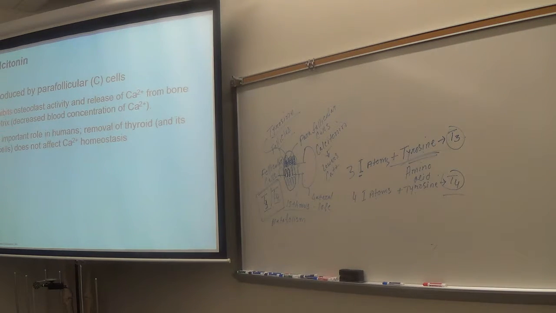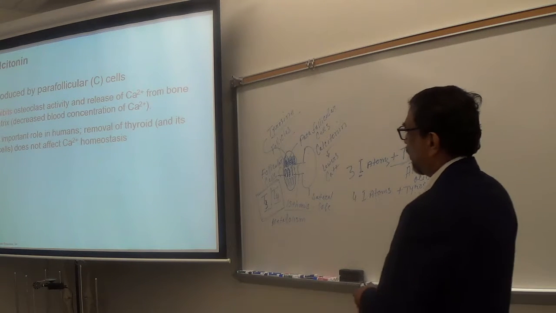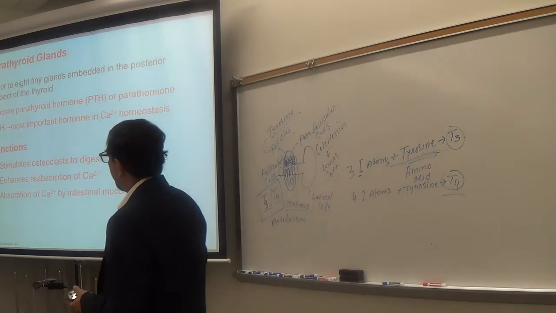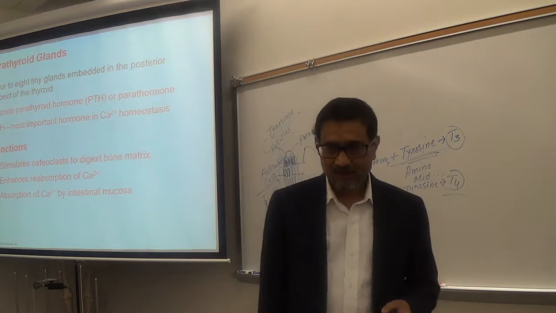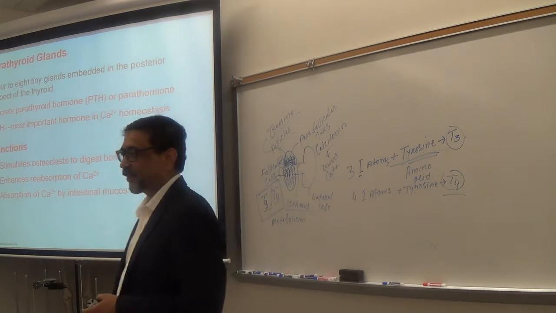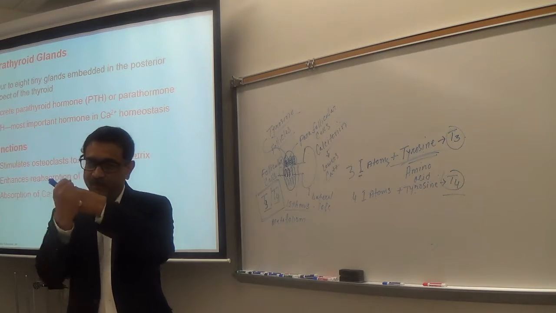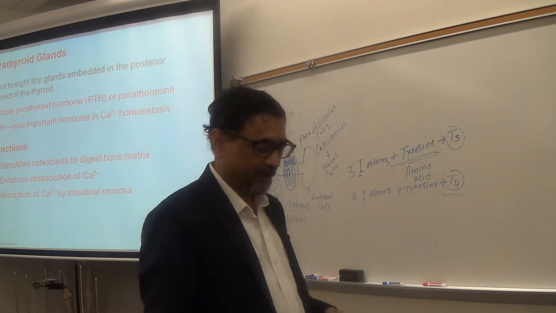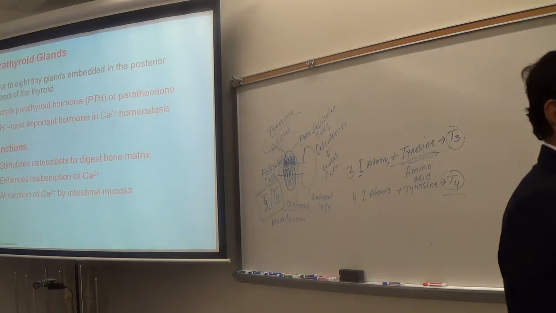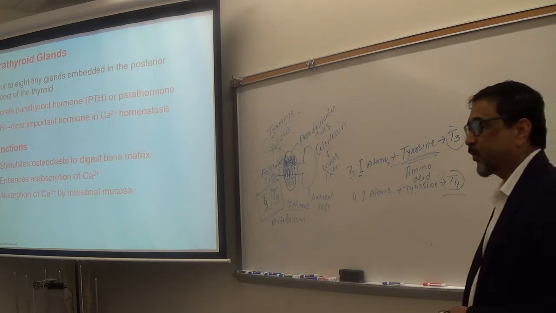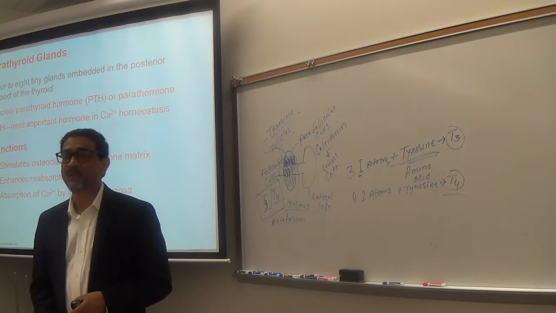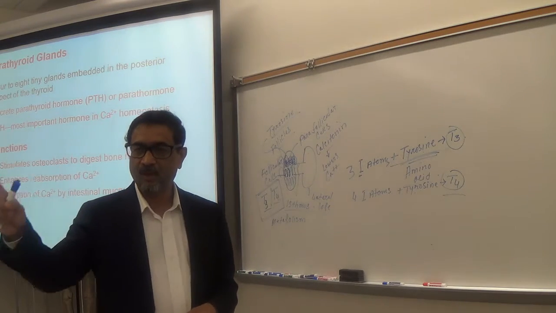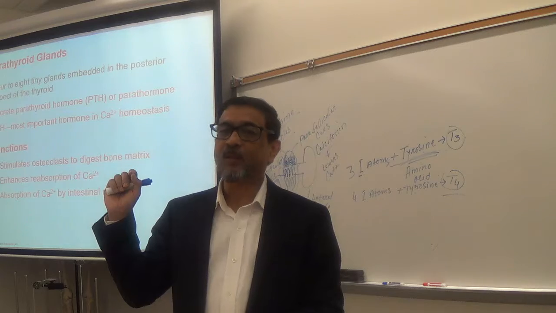Calcitonin, we have already talked about that, comes from parafollicular cells and lowers the calcium. Parathyroid glands, how many? Four to eight, located in the back of the thyroid, attached to its posterior surface. And parathyroid glands produce only one hormone, called parathyroid hormone or PTH, also called parathormone.